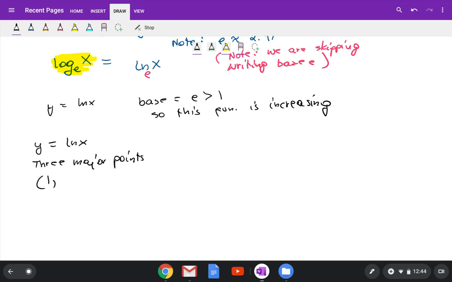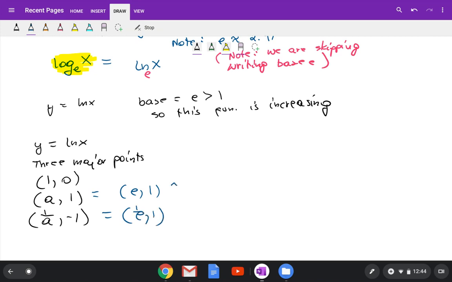You always graph with (1, 0), (base, 1), and (1 over base, negative 1). So in our case, we're going to have (e, 1) and (1 over e, negative 1), where e is about 2.71, and 1 over e is about, what is that, 1 over e? 0.37, I think.